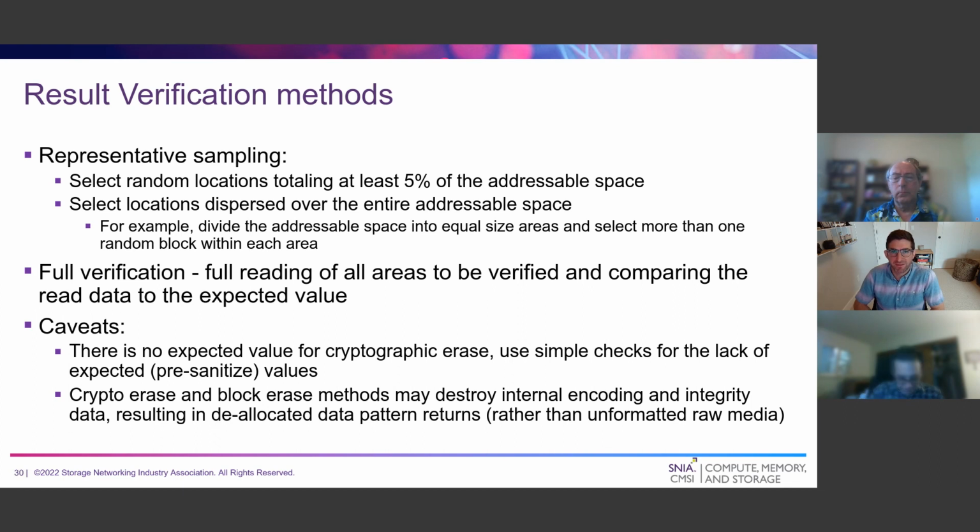Now on the SSD, determining what kind of deallocate they support, whether it's deterministic read zero after trim or others, will actually do either a background operation or fire off the erase blocks. There's a combination of things the SSD controller and firmware can do when it receives the deallocate bit. But the deallocate command is a way for the host to tell the SSD that these LBAs are no longer storing valid user data.